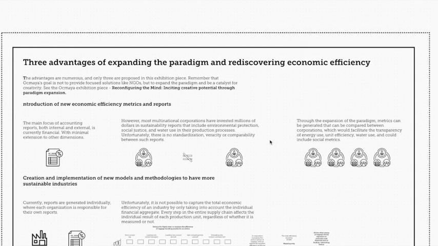And this could be a multidisciplinary task where a lot of NGOs come together and say, well, these would be the global metrics, and there would be some kind of counterpart, right, to the pure financial reports. That would have a lot of value for both organizations and society, right?